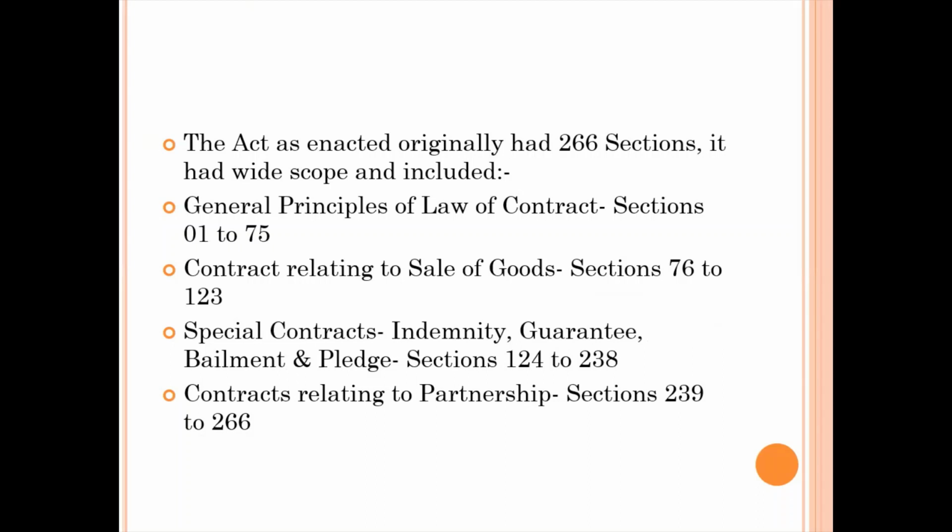Special contracts such as indemnity, guarantee, bailment and pledge were under sections 124 to 238, and sections 239 to 266 were related to contracts relating to partnership.